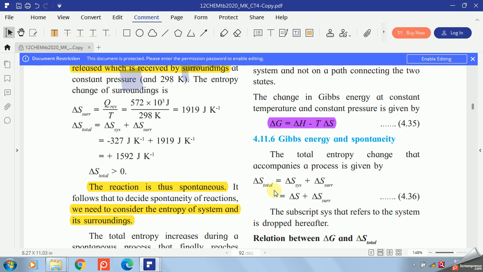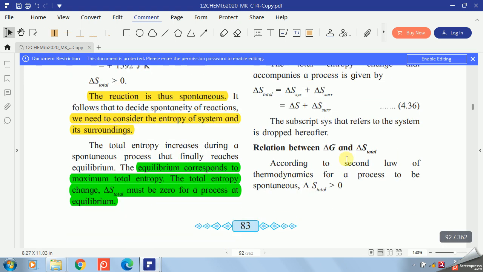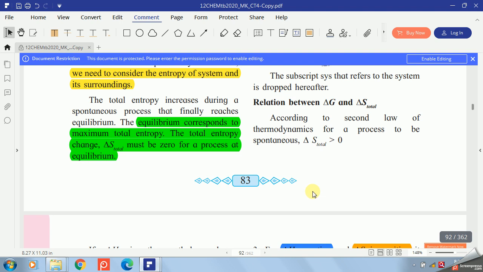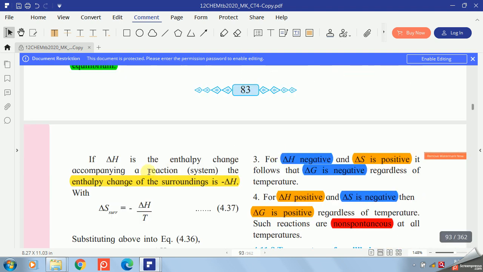Then we have to find out the relation between Gibbs energy and spontaneity. All are familiar with delta S total is equal to delta S system plus delta S surrounding. So now we write the delta S system as delta S. Now the relationship between delta G and delta S total. Delta S total is always greater than 0 for a spontaneous reaction according to the second law of thermodynamics.